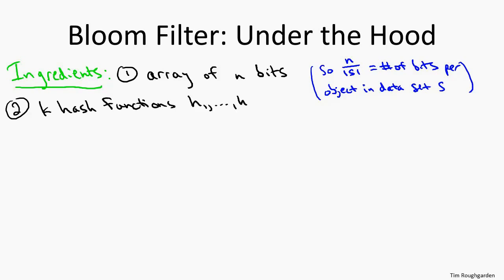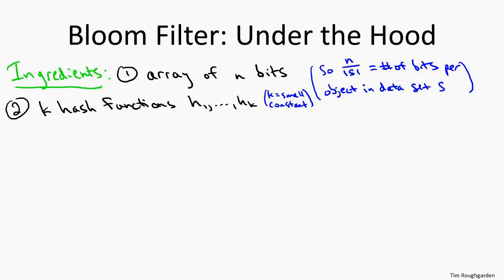So in a Bloom filter, it's important to have not one hash function, but several hash functions. So K is going to denote the number of hash functions in a Bloom filter. We should think of K as some small constant, somewhere around 3, 4, 5, something like that. So obviously it's a little bit more complicated to use multiple hash functions as opposed to just one hash function. But it's really not that big a deal. So recall from our discussion of, say, universal hashing, we identified entire families of hash functions which will work well on average.